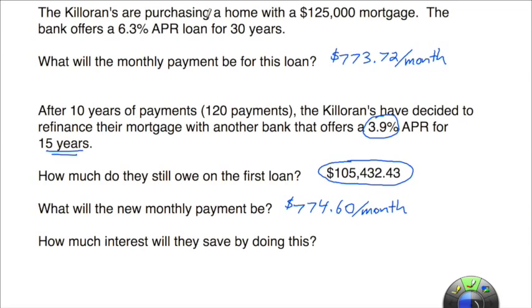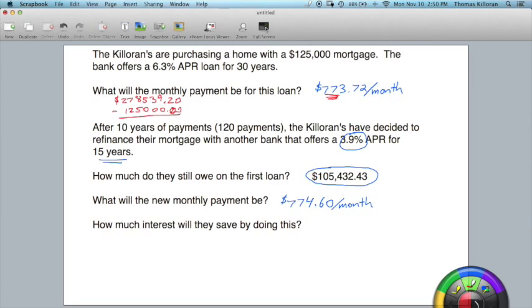It gives you 278. Write this in red. 278,539, and 20 cents. Not that 20 cents really matters over 30 years, but hey. All right, so that's how much would have been paid normally if our monthly payments were $773.72. We borrowed $125,000, so if we subtract $125,000, that should be how much we paid in interest, or would have paid in interest.